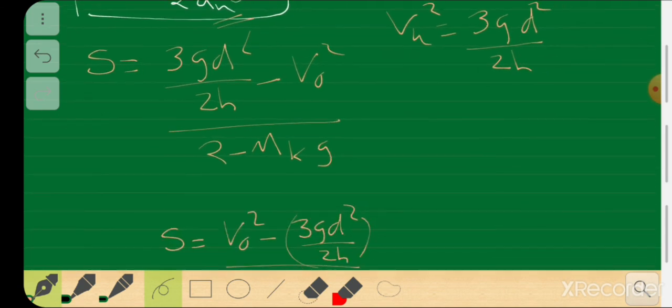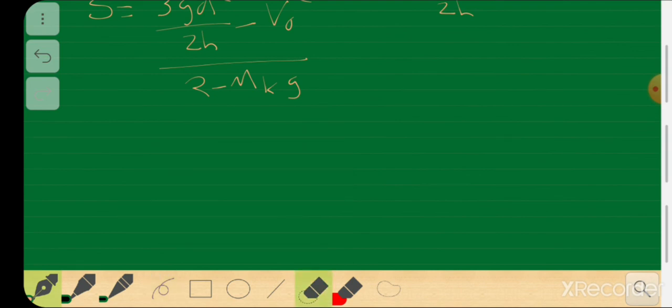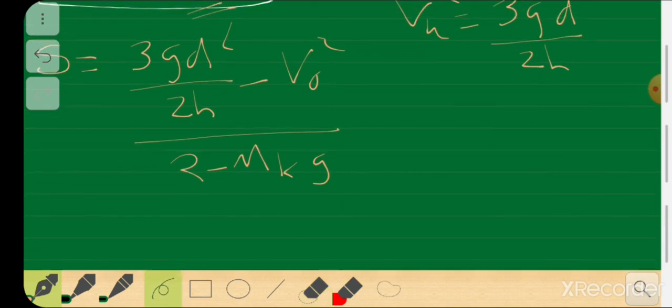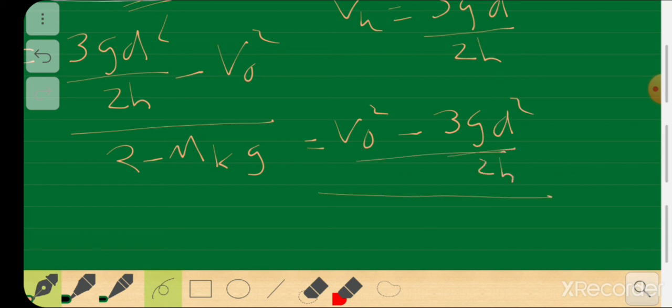This minus sign can be taken up, and you get v0 squared minus 3g d squared by 2h, divided by 2 mu k g, which is equal to s.